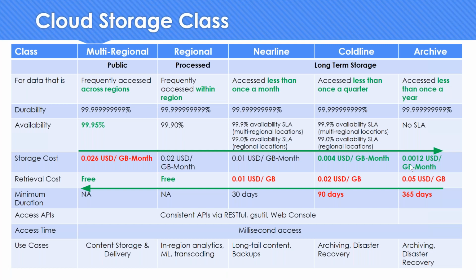Any other questions, folks? Hi, Mahesh, Ankit here. So Mahesh, on this slide, I feel it's a little bit confusing. You have mentioned that this is a cloud storage class, and we have just three storage classes: nearline, coldline, and archive.